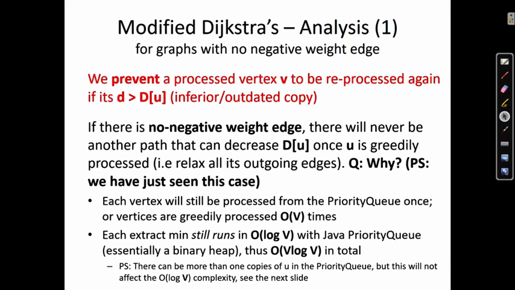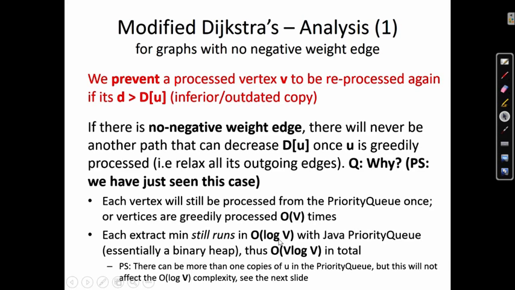So each vertex is still processed from the priority queue once. So we'll do this O of V times. And extract min, in order to dequeue them, is still O of log V, since you use the priority queue. So in total, this part is still big O of V log V time.